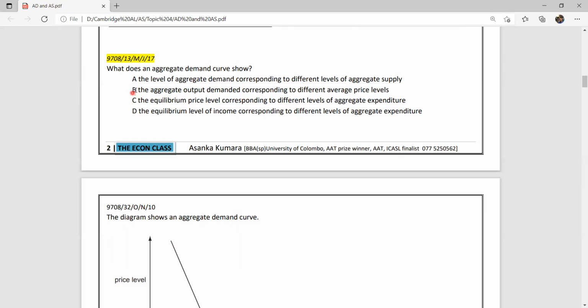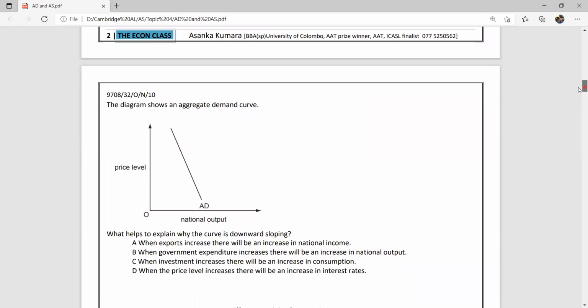Here, our answer is B, because of the aggregate output demanded corresponding to different average price levels. That is the sort of definition we identified regarding aggregate demand.